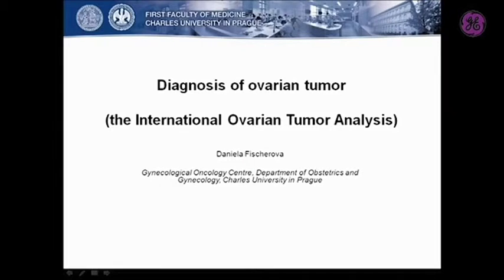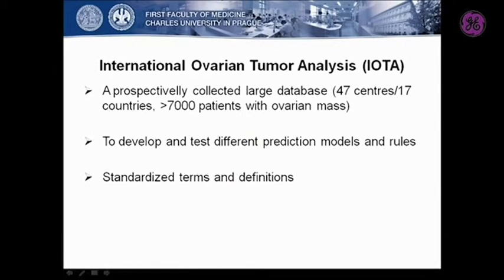I would like to speak about diagnosis of ovarian masses based on data retrieved from the largest ultrasound study, called the IOTA study. This study aimed to develop and test different prediction models and rules to help less experienced examiners differentiate benign and malignant masses.